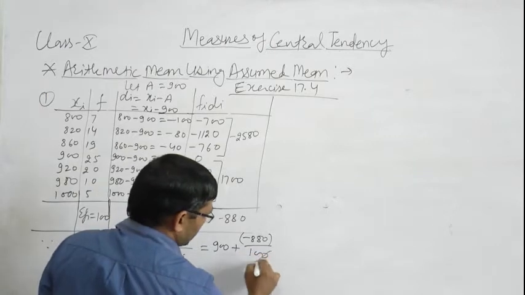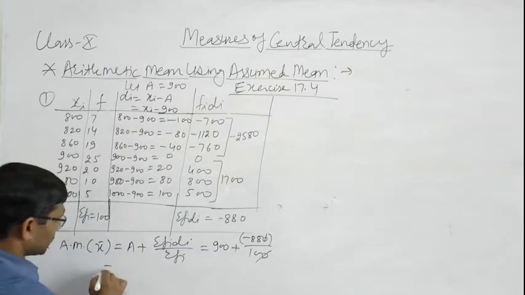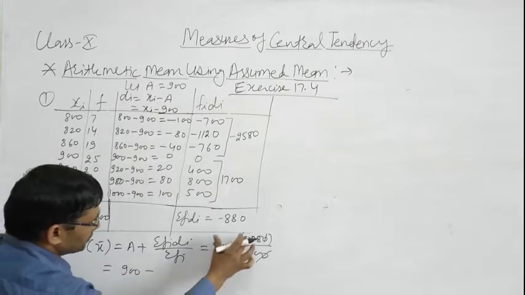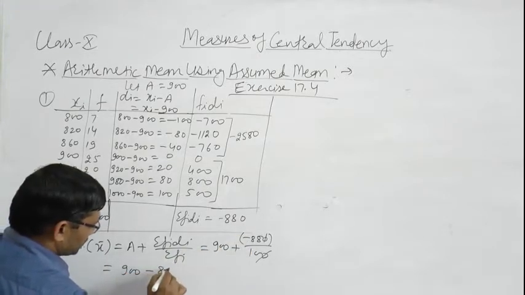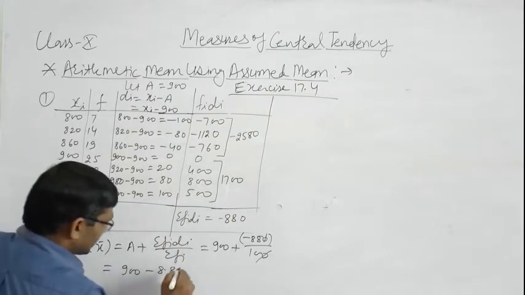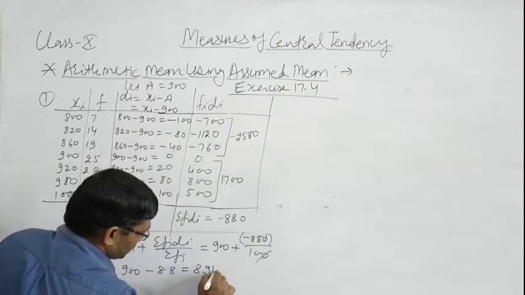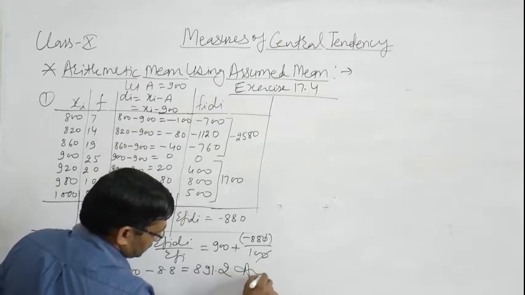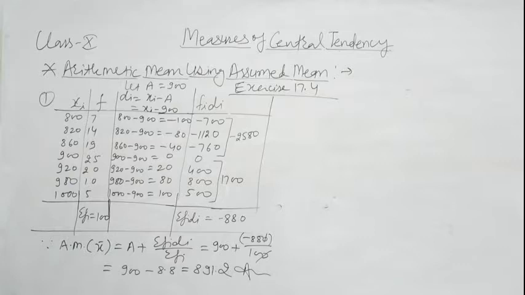Sigma fi is 100, 0 cancelled by 0, that is 900 plus minus 8.8. 900 minus 8.8, that is 891.2. This is the arithmetic mean by using assumed mean.